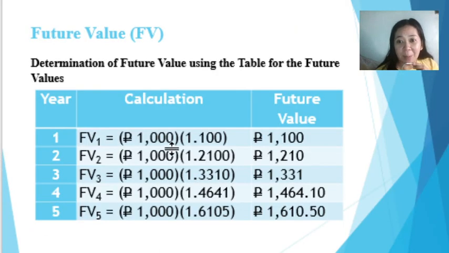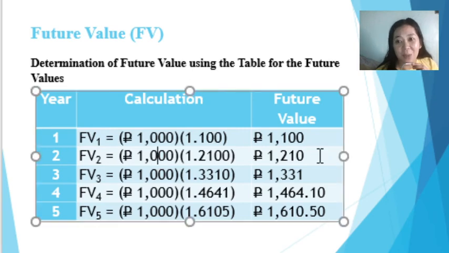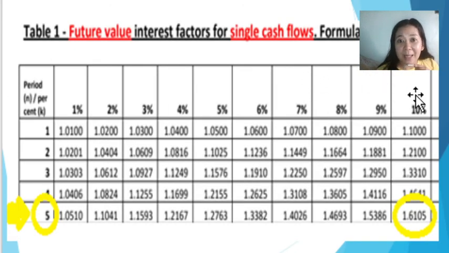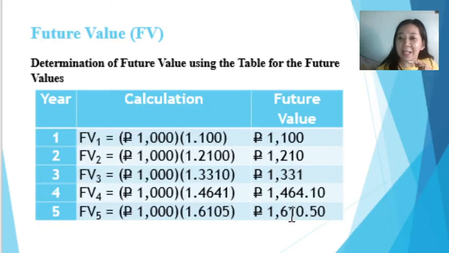Again, we multiply it with 1,000, and then we have a future value for the second year of 1,210, and so on until the 5th year. These interest factors can be found in our table right here under the 10% interest for each period. Again, we arrive at the same value of 1,610.50. So that is the future value for a single cash flow.